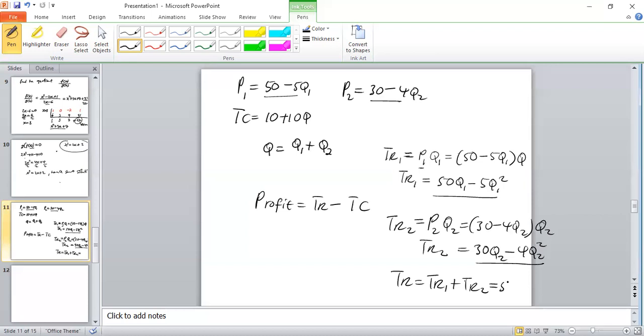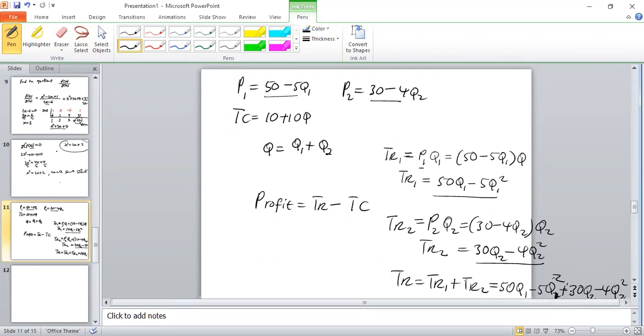So an overall equation will be 50Q1 minus 5Q1 squared, plus 30Q2 minus 4Q2 squared.